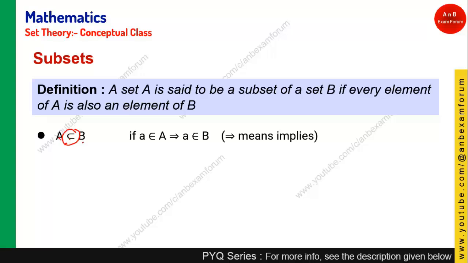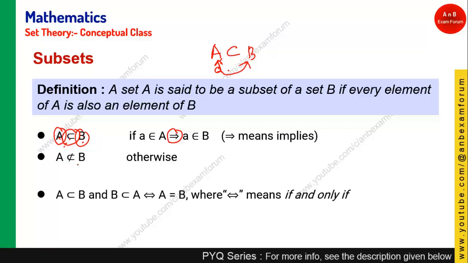If a belongs to set A, then definitely a belongs to set B. This symbol means implies. So whenever it is written like A is a subset of B, remember if a belongs to set A, then this a will also belong to set B. And this means A is not a subset of B otherwise.